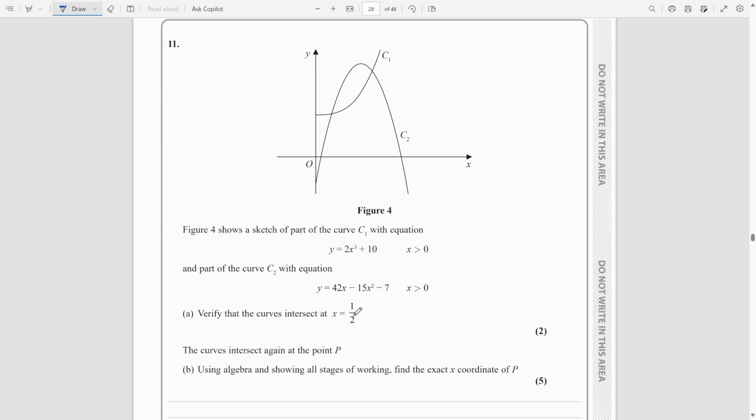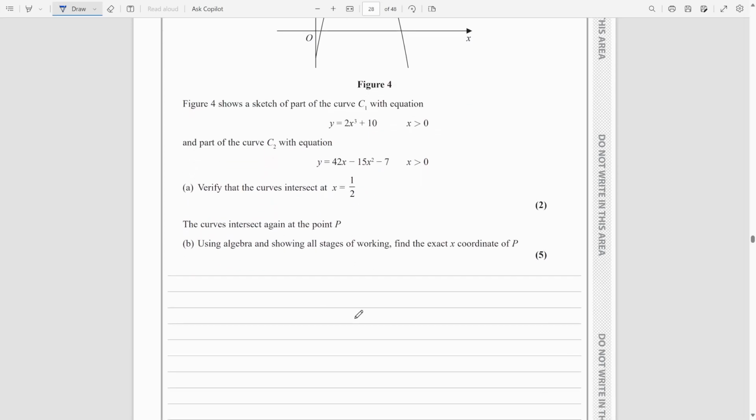Verify just means sub in x equals a half into both of these equations, so that should be very nice and easy. So you can say 2 times a half cubed plus 10. See what that is, so I just type that into my calculator. And it's 10.25.